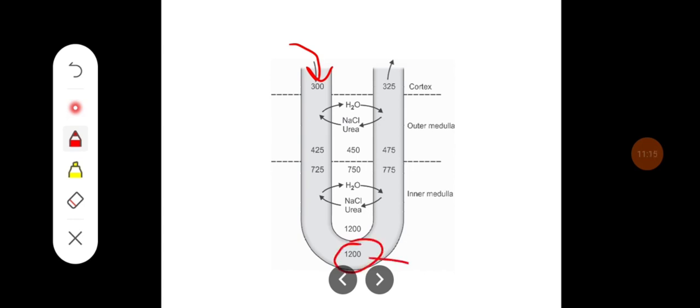By the time it reaches the tip of the loop, the concentration is around 1200, and when the blood is ascending in the vasa recta, the sodium chloride and urea get reabsorbed and water is going to enter inside because of the concentration gradient. Okay, and again the fluid becomes hypotonic.